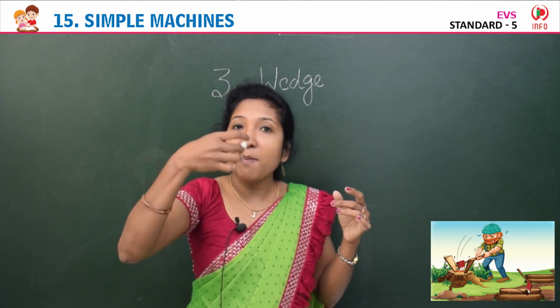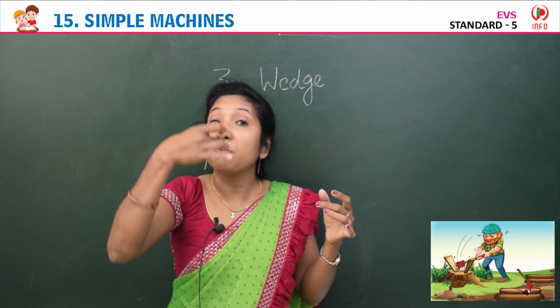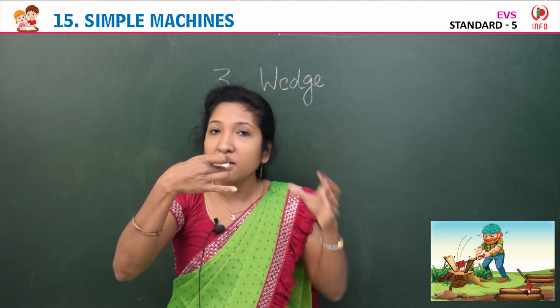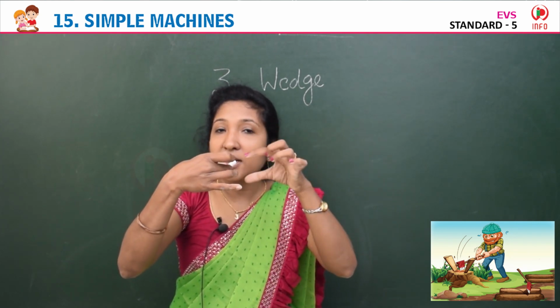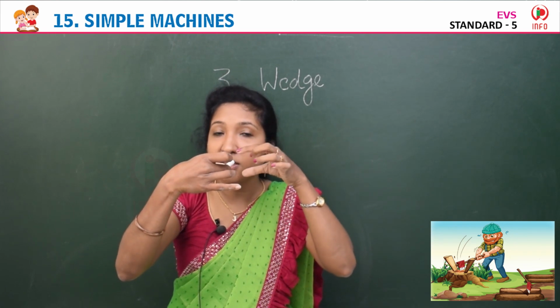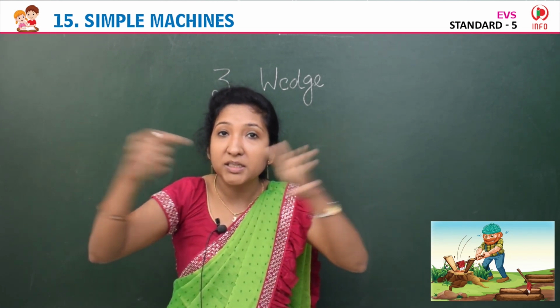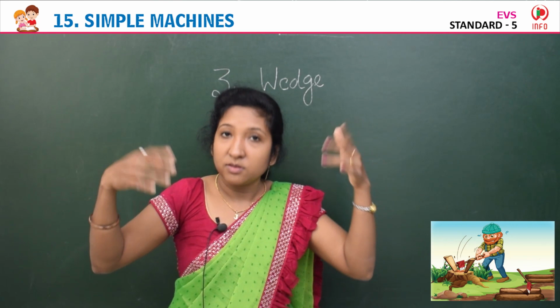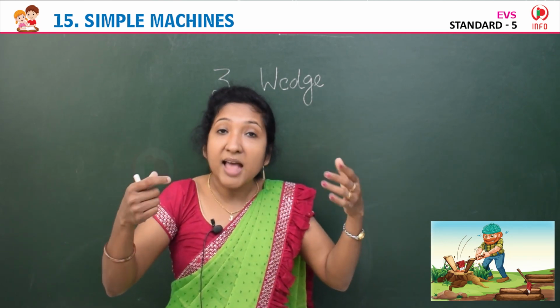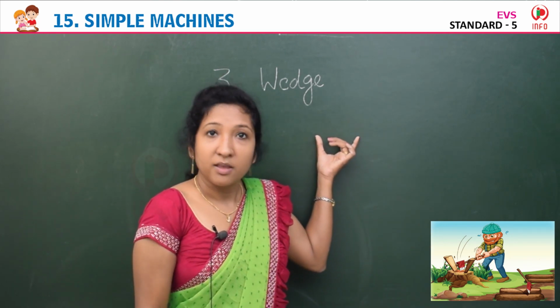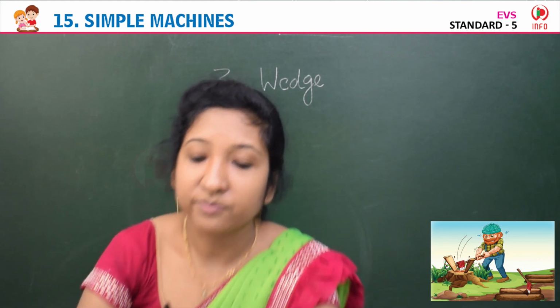Even our teeth are an example of a wedge. Why? When we bite something, what is happening? That particular thing we are biting is splitting into two parts, splitting and cutting, we say, no? So that's why our teeth are an example of a wedge. Understood? Let us read.